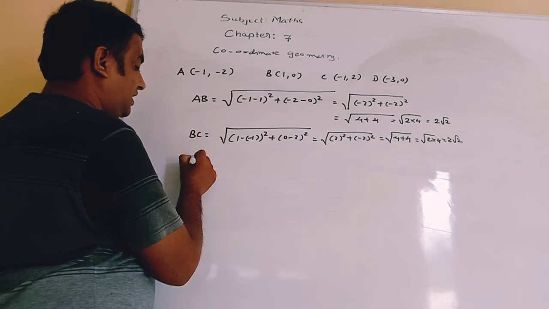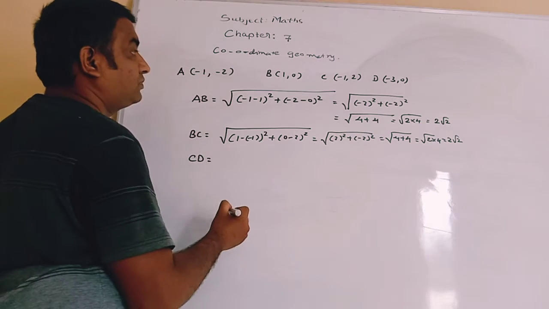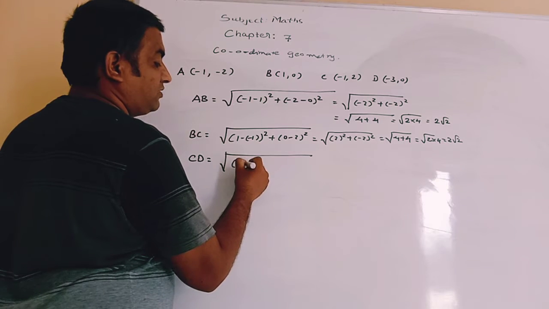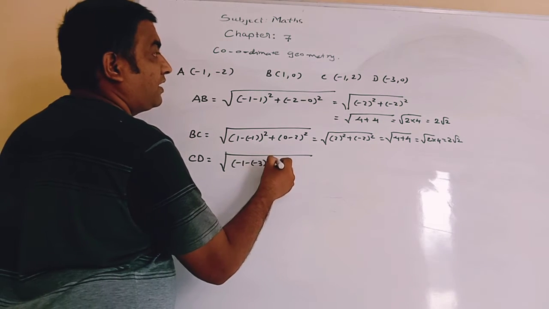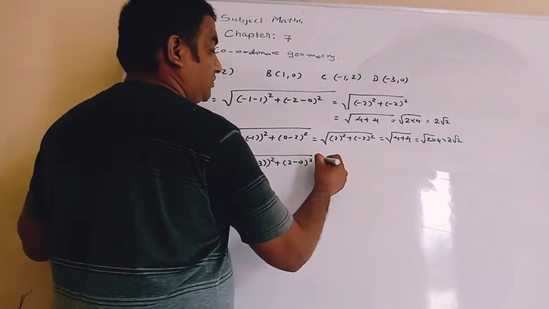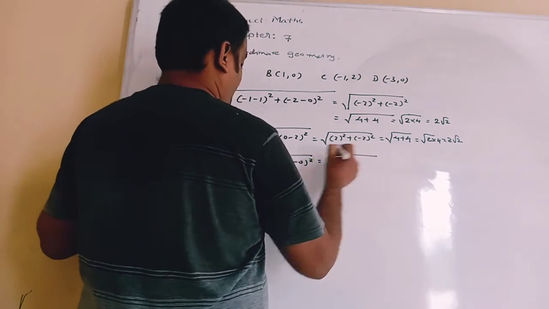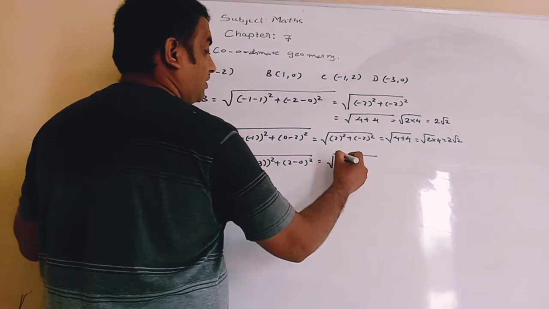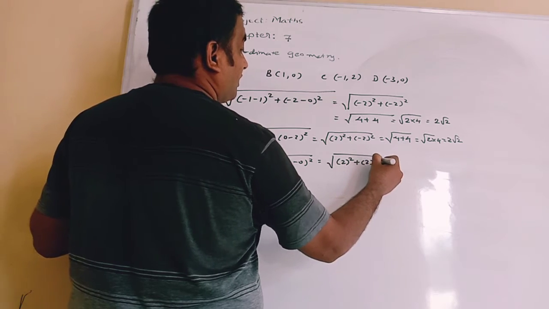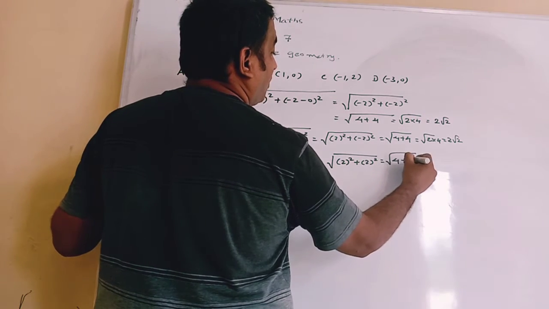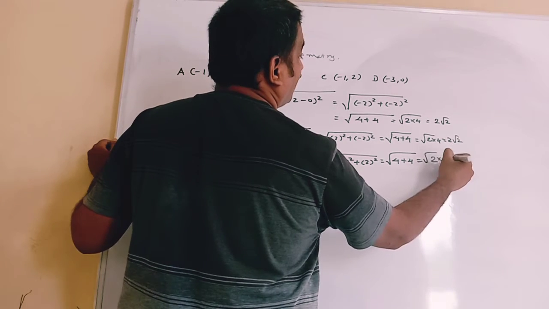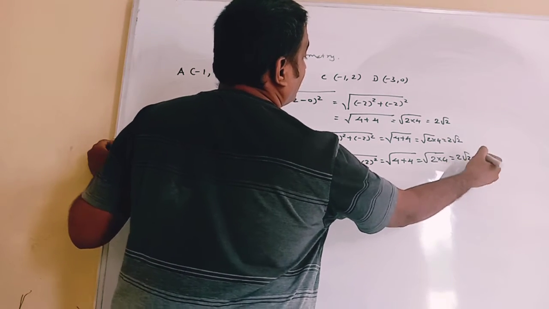If we calculate CD, then it is (-1 - 3) square plus (2 - 0) square. So minus minus plus, so 3 minus 1, 2 square, and here also 2 square. So 4 plus 4, root 8, that is 2 times 4, and so 2 root 2.